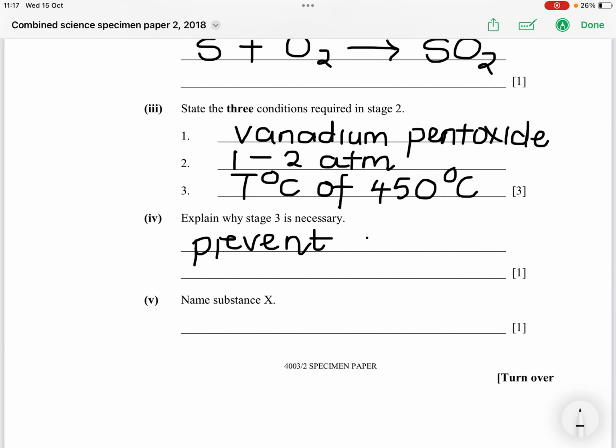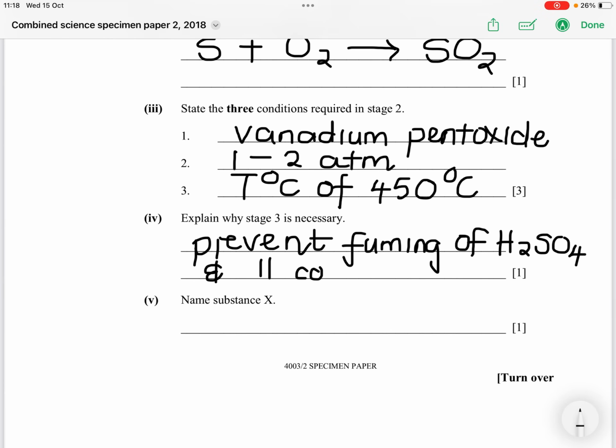So it prevents fuming of sulfuric acid, and also it prevents corrosion of the pipelines.